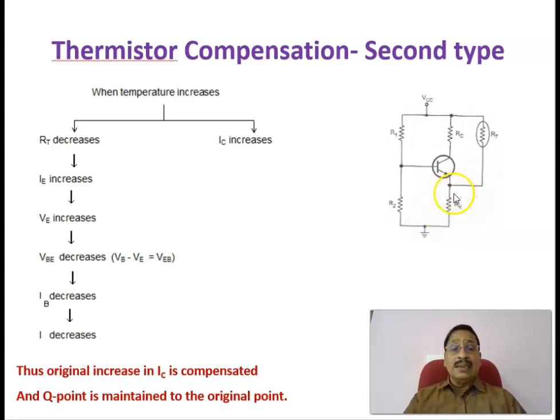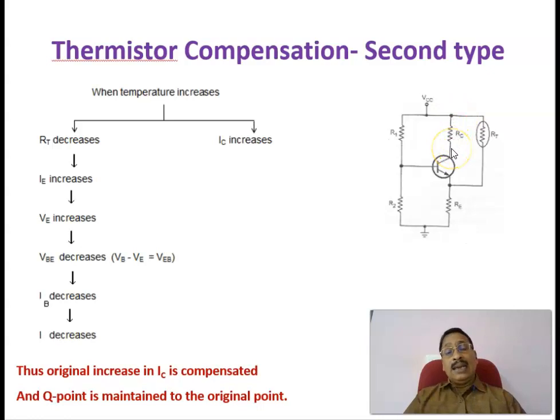As emitter current increases, the drop across RE increases. This base voltage is a constant, because it is VCC divided by R1 plus R2 into R2. As the emitter current increases, this drop increases, meaning VBE reduces, because the base voltage is constant. As VBE gets reduced, IB gets reduced, and IC is brought back to the original value.